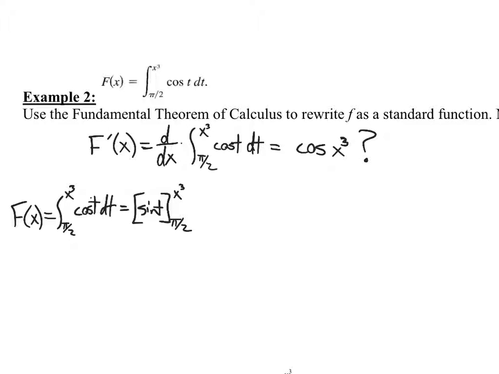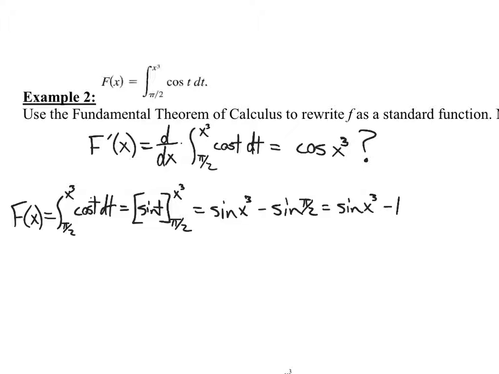All right? Well, that is sine of x cubed minus sine of pi over 2. What's sine of pi over 2 equal? 1. So I have sine of x cubed minus 1.